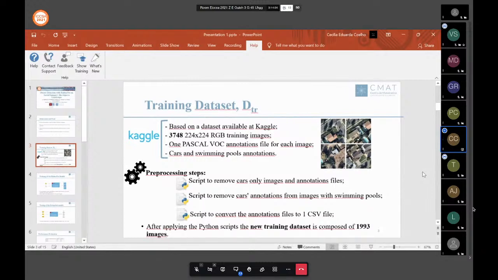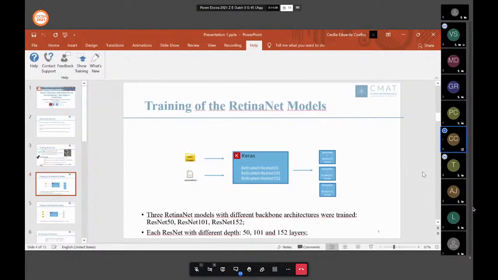1,993 images. This training dataset was then used to train 3 different RetinaNet models with different backbone architectures, namely ResNet 50, ResNet 101, and ResNet 152. Being ResNet 50 the shallowest and ResNet 152 the deepest.